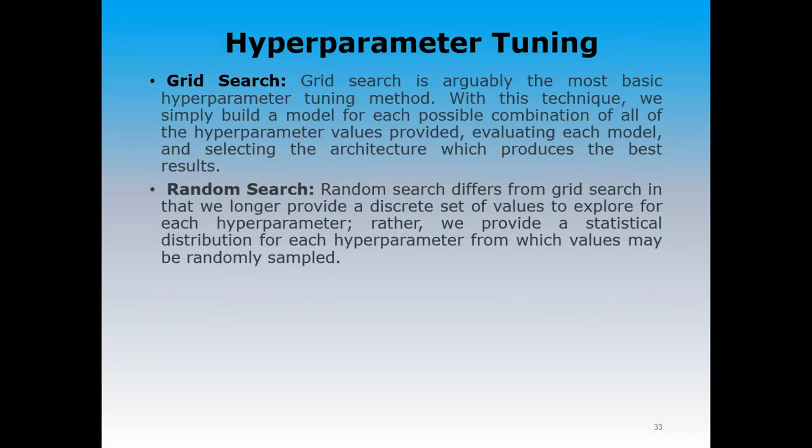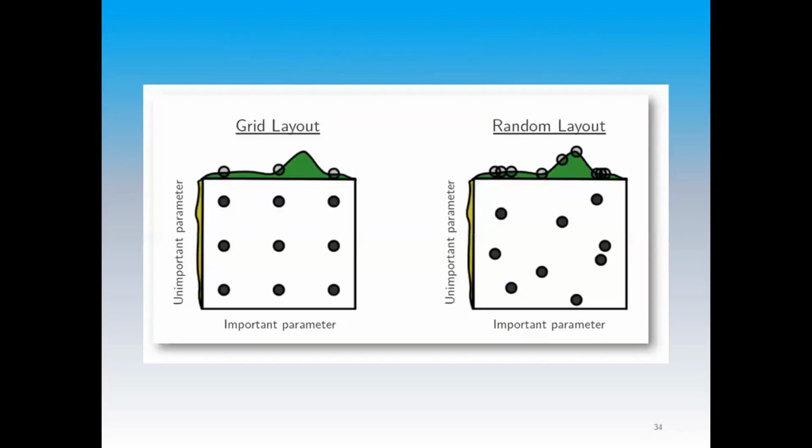X, Y, Z are three hyperparameters; you have one combination like this, another combination, and another combination. Then you see which one gives you the best optimized model, and you go with it. So in grid search, you simply build a model with each combination of different hyperparameters, and then select the best one to optimize the model.